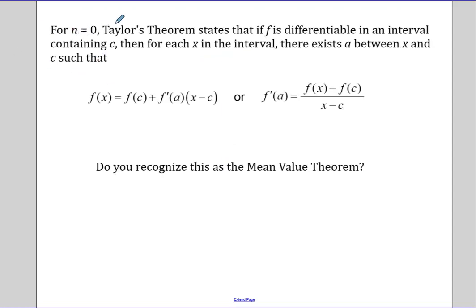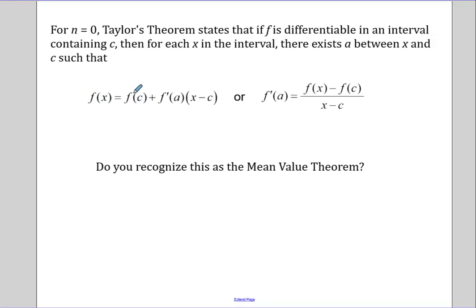When n is 0, Taylor's theorem states that if a function is differentiable in an interval containing some c, then for each x in the interval there has to exist an a between x and c such that this occurs, and we ought to recognize this. So here's our actual function.